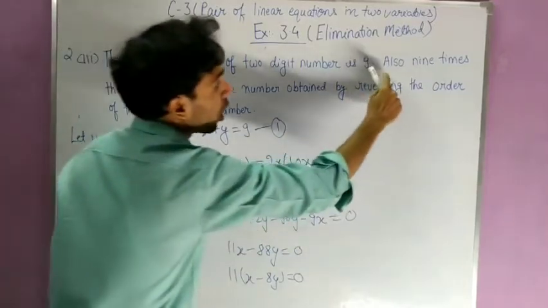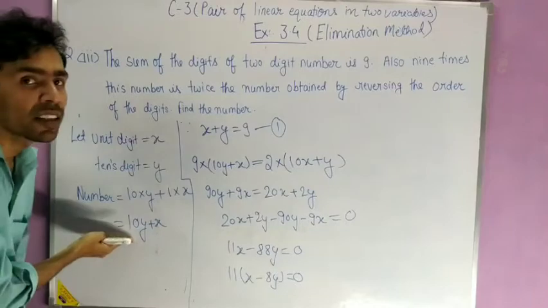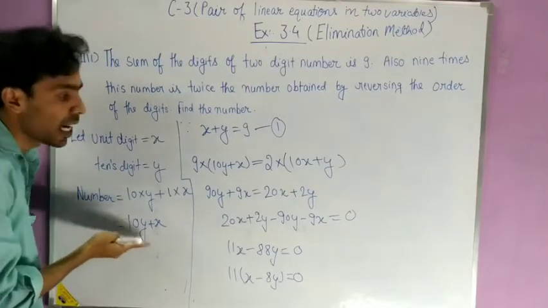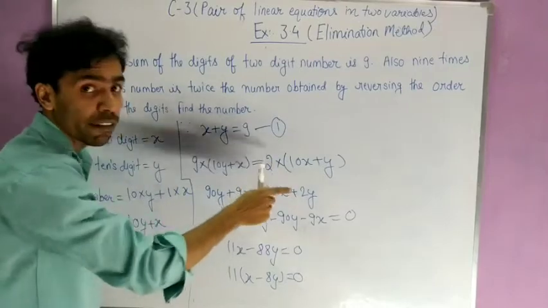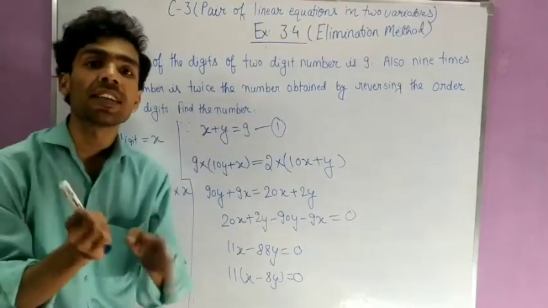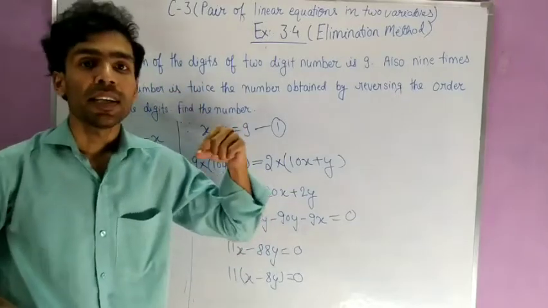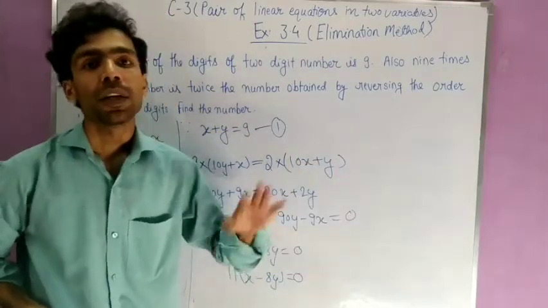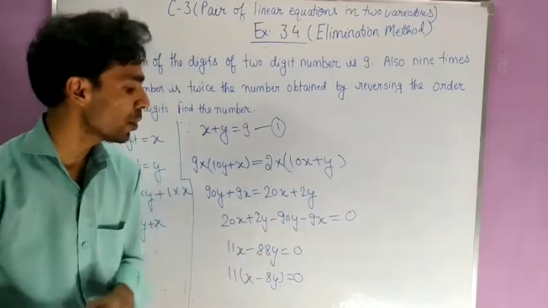Also, 9 times the original number is equal to twice the number obtained by reversing the digits. Reversing the digits means whatever is at the unit place now goes to the tens place, and vice versa. So this statement comes.